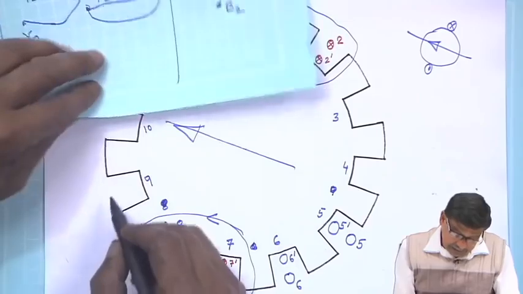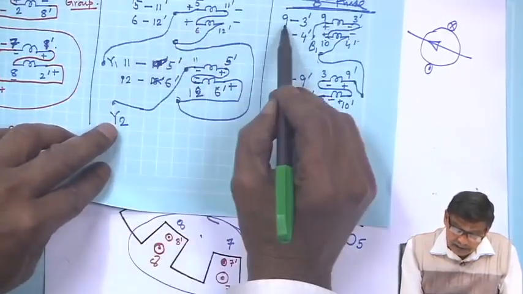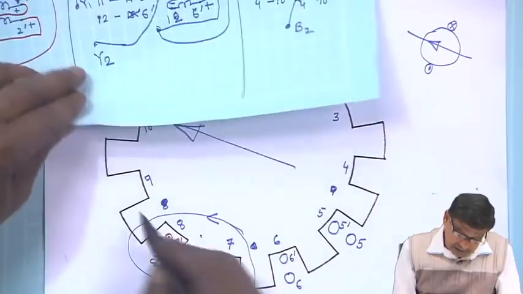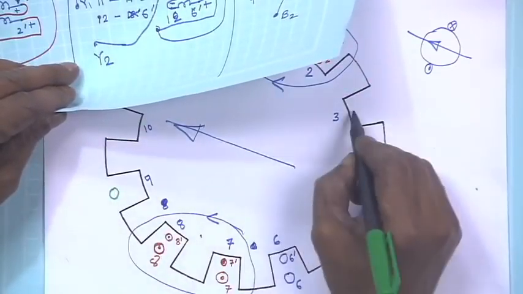So, where is 9? You know 9 3 dashed, this column. So, 9 and 3 dashed.